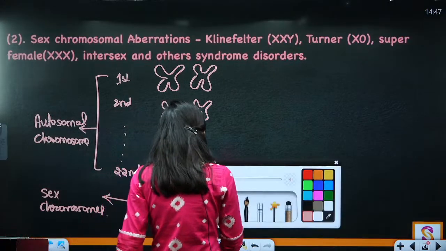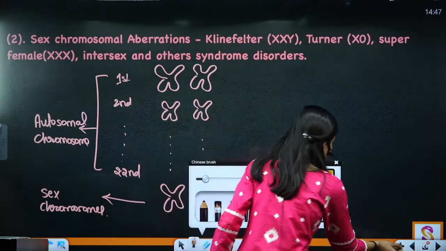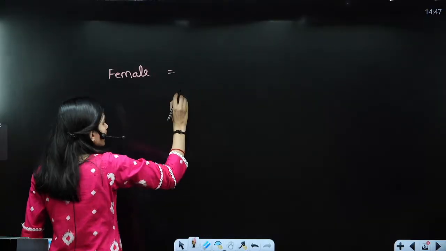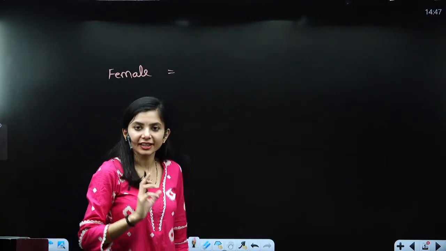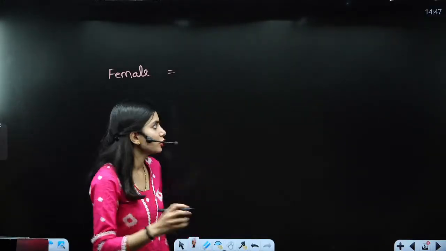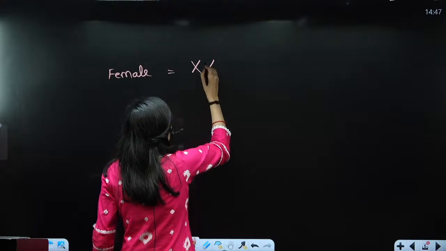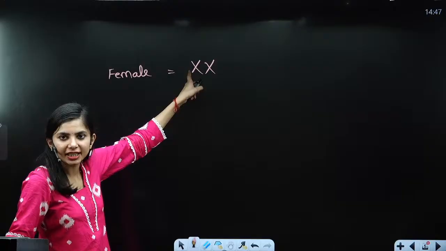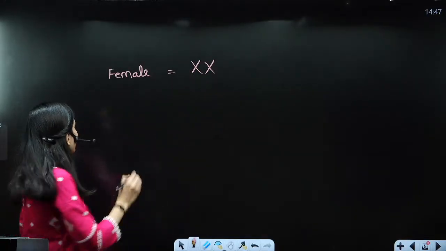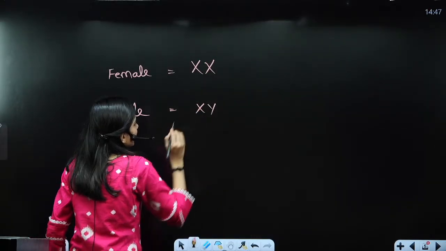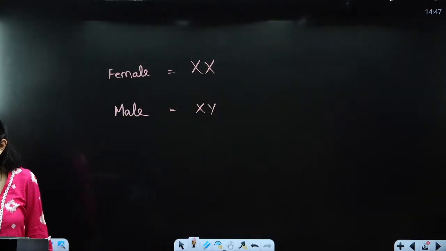Now, one more thing that you know from the previous lecture: just for reference, I am considering one chromosome as X. So for a female, their 23rd chromosome, which is specifying their gender, is specified as XX, and for a male, it is specified as XY.